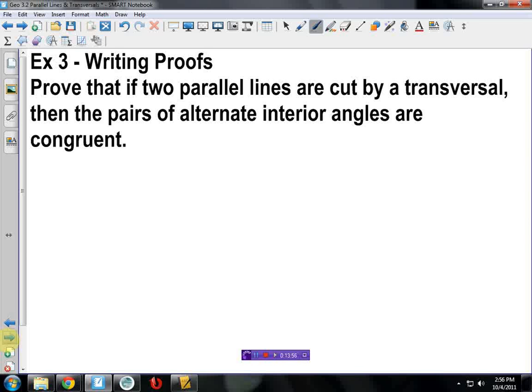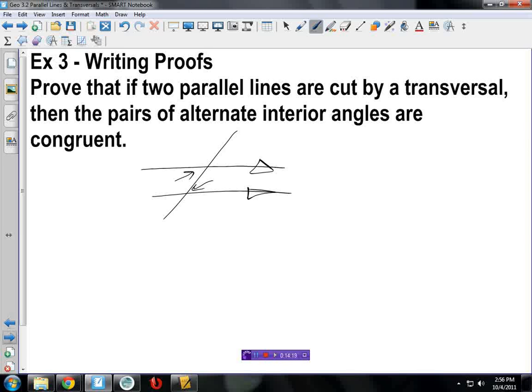All right. So what we have here is two parallel lines cut by a transversal. Then I have alternate interior angles. So I'm looking at like those two bad boys, right?